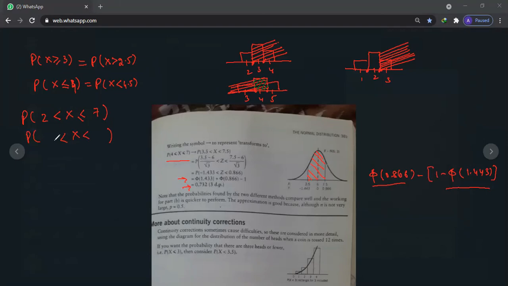Samir, can you hear me? Yes, sir. If we write x greater than 1.5, we will discuss both the cases. 1.5 is at this place. This line is 1.5. If we write x greater than 1.5, then we will find the area on the right hand side.